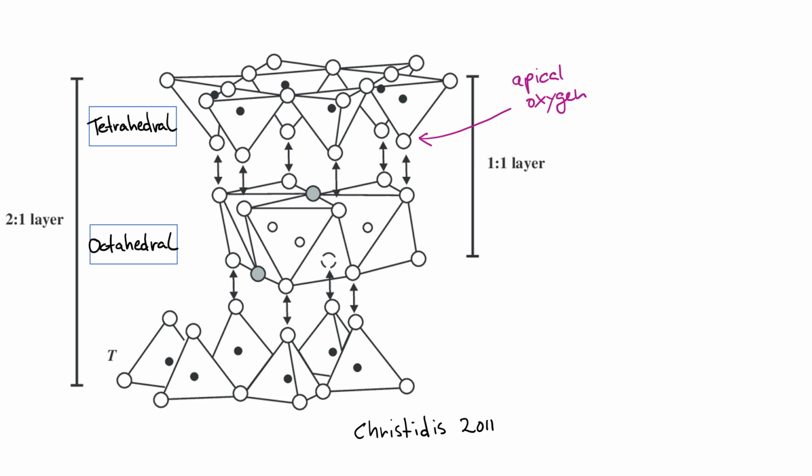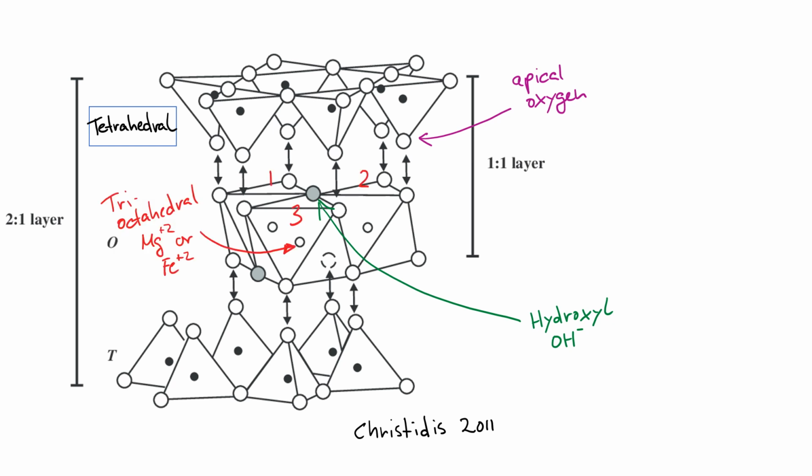And within the octahedral sheet, oxygen and hydroxyls are being linked together. So the example that's shown here in this figure, and I really only included this figure because it's really difficult to draw by hand, is that we have a trioctahedral sheet here. So each one of these hydroxyls connects to 3 octahedral units.